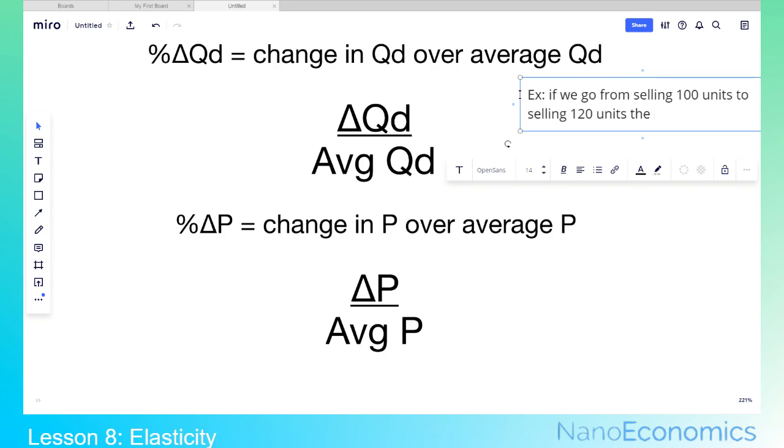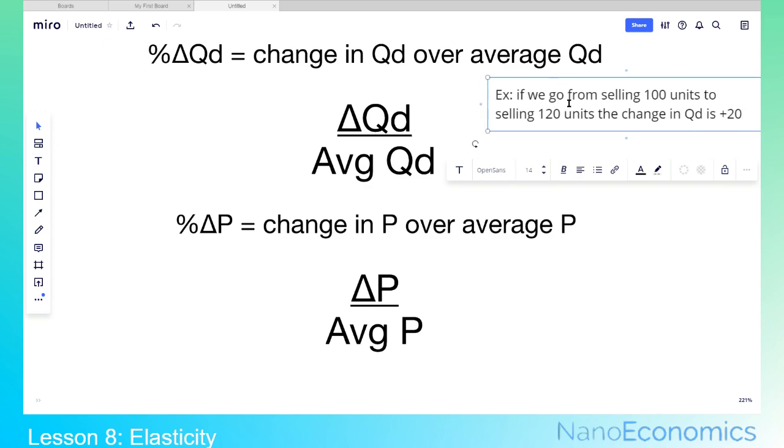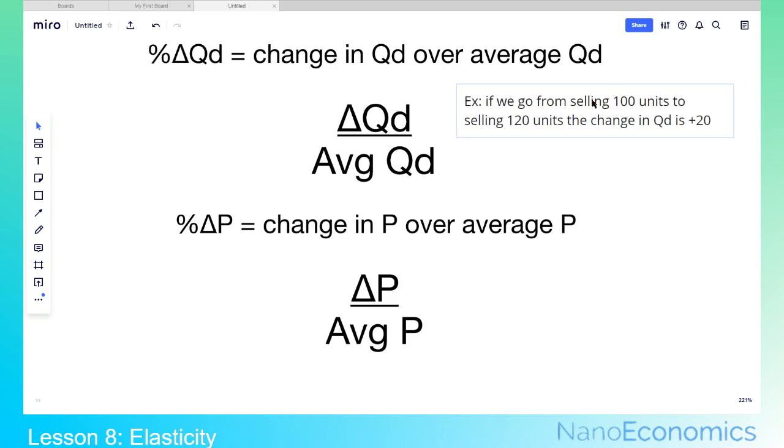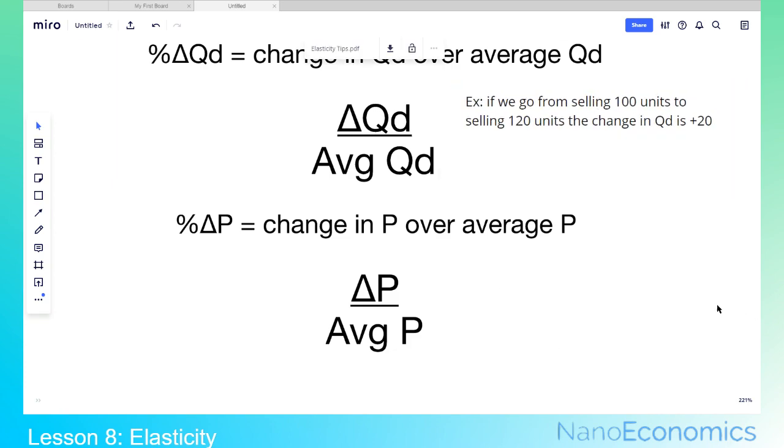the change is plus 20. I'm going to write it in terms of a positive or negative just so we can see how it works over the long run. In our sample here, if we go from selling 100 units to selling 120 units, the change in quantity demanded is plus 20.